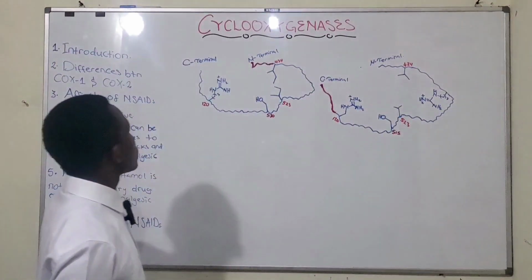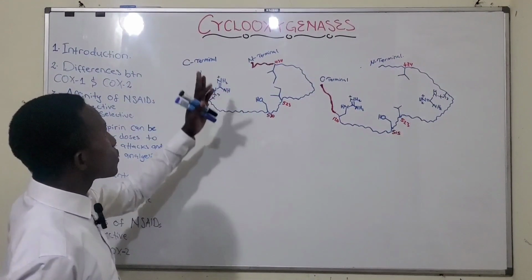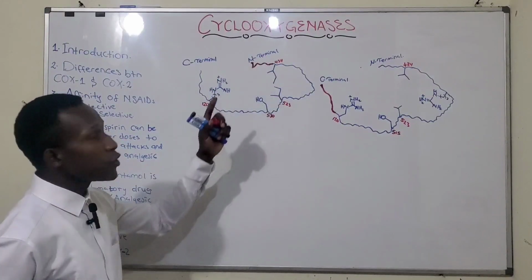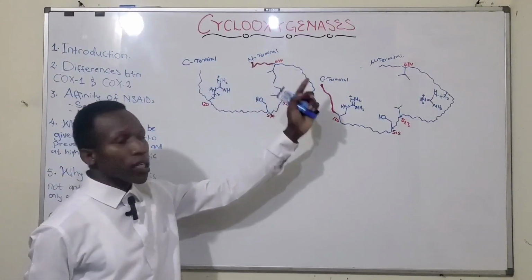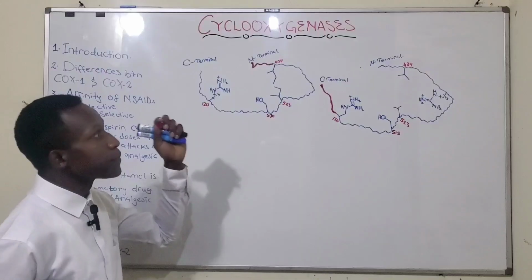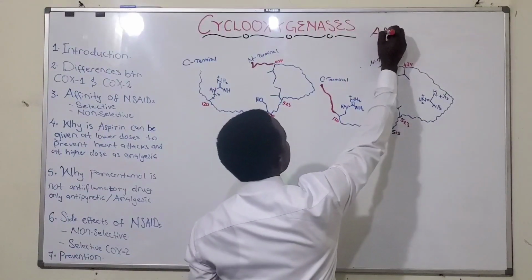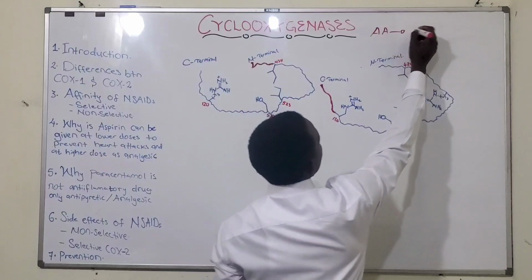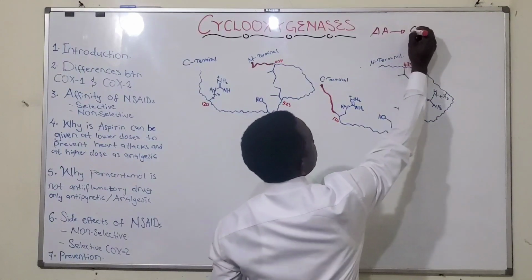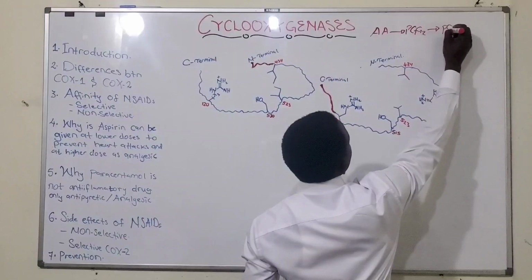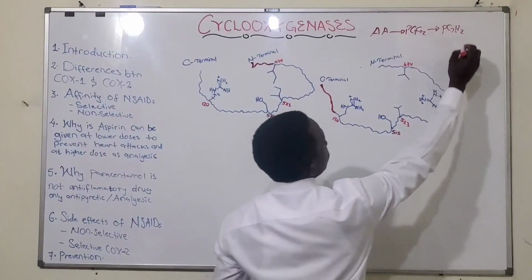As we said in the previous videos, cyclooxygenases are enzymes which convert arachidonic acid into the prostaglandins, prostacyclins, and thromboxanes. From arachidonic acid, we go to prostaglandin G2, then prostaglandin H2.